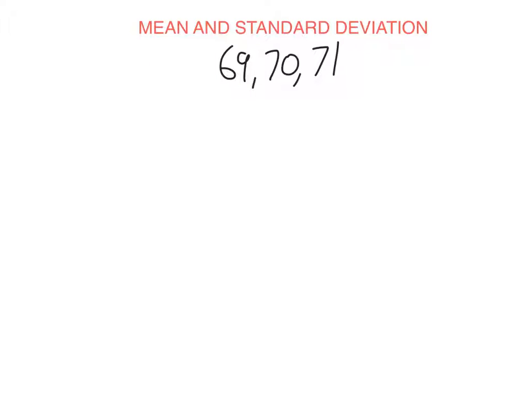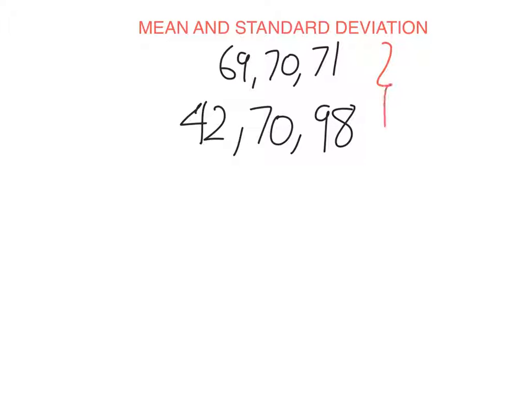Let's say that in the second test the scores were 42, 70 and 98. So, what do the mean and standard deviation say about these? Well, in both of these sets of data, the mean is actually 70.